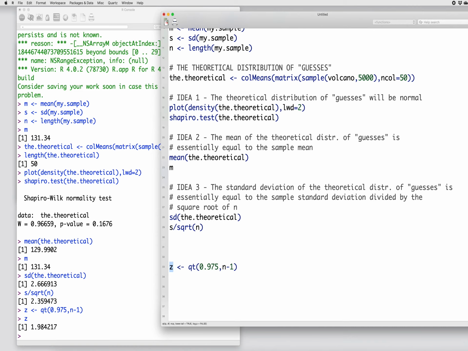So we are saying that 95% of guesses about the volcano height will fall within 1.98 standard deviations of the mean of our sample. Let me say that again. We are saying that we are 95% confident that the actual volcano mean elevation falls within 1.98 standard deviations of our sample mean of the elevations.